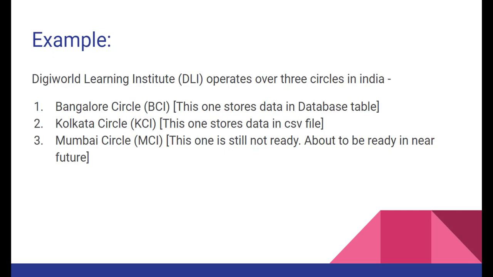One is the database table, another is the CSV file. So we can say that we are about to create two system APIs, right? And there will be one process API which will combine the data from these two sources, and we will be using one experience API to provide the data to the client as a response, right? So let's move ahead.